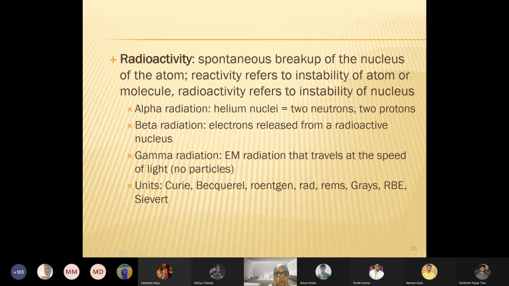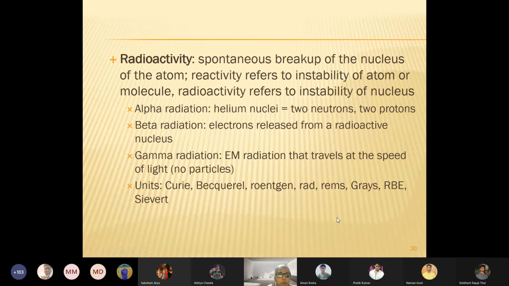Alpha radiation, you remember, is helium nuclei, 2 neutrons, 2 protons. Beta radiation is electrons from a radioactive nucleus, and gamma radiation is just plain electromagnetic radiation. There are no particles associated with it, and it travels at the speed of light.